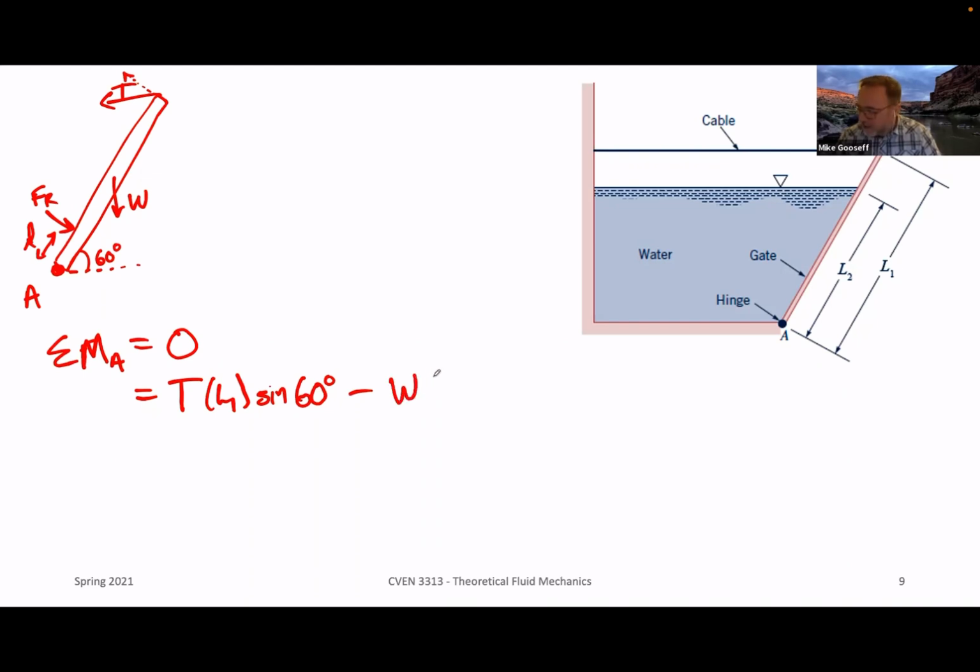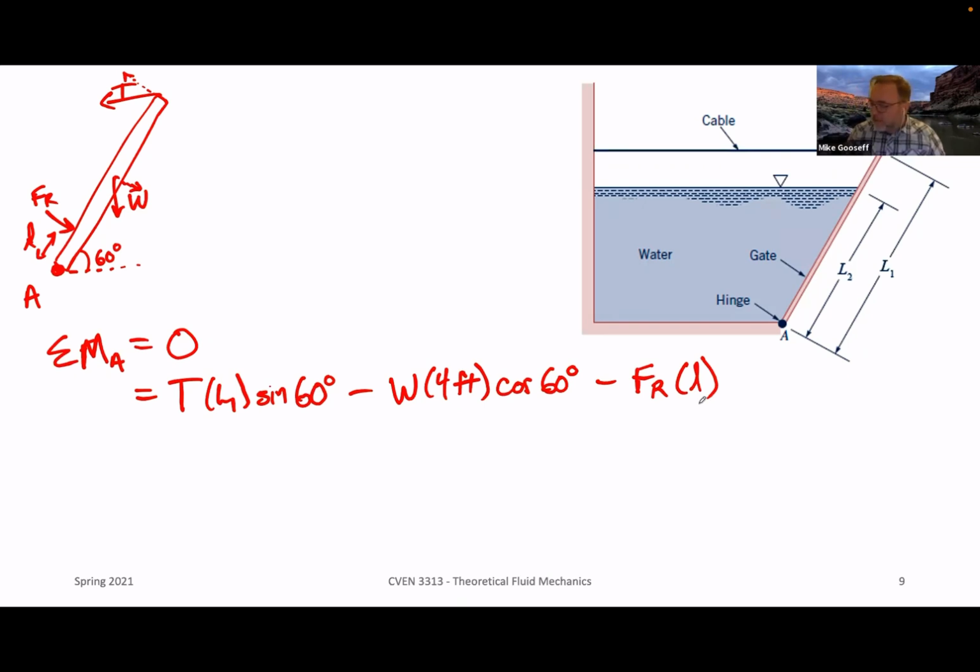In this case, the total length of this gate is 8 feet, so the weight is going to act at 4 feet away, 1/2 of that 8-foot length. And now the component that we want here is the cosine of 60 degrees. That will give us the component that's acting in this direction for the weight. And then finally, the last moment we have to worry about comes from the resultant force FR, and it's got some length L away from our hinge.